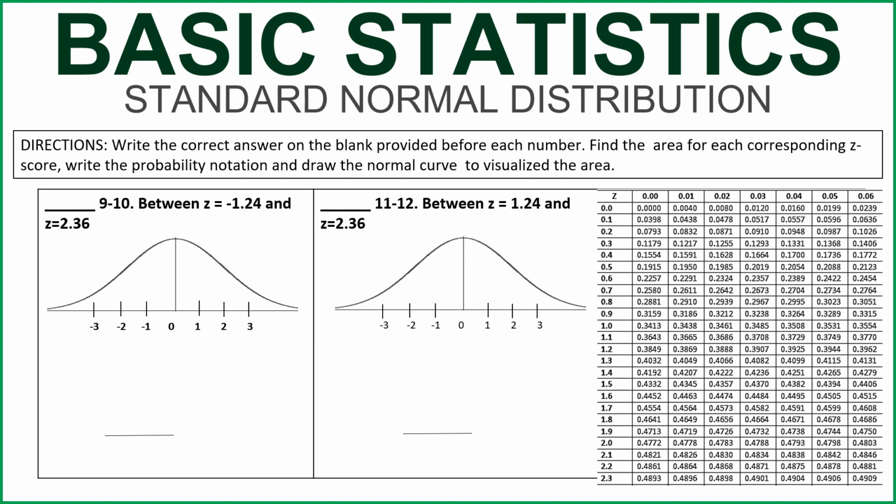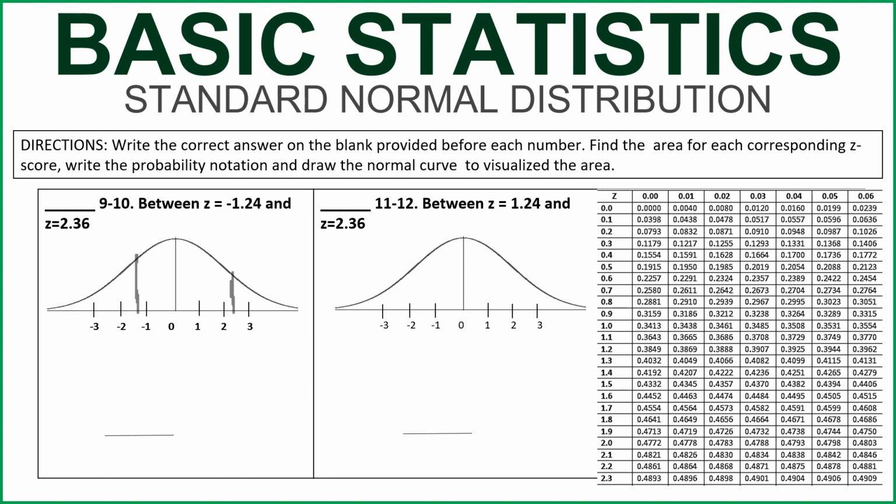It's between negative 1 and negative 2, assuming that this is negative 1.24, and we have positive 2.36. So it's between 2 and 3, assuming that this is 2.36. And please do not forget not to write here 2.36 and this negative 1.24.